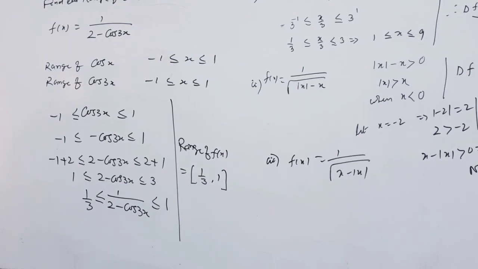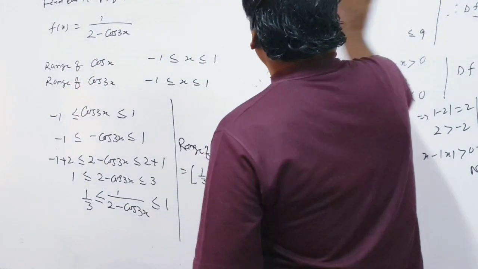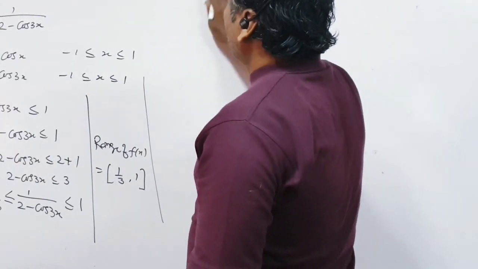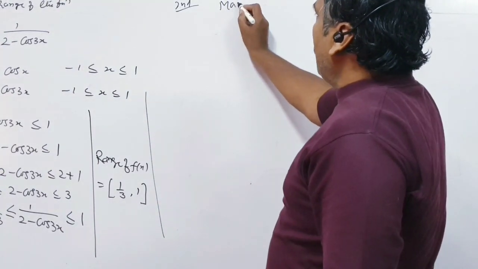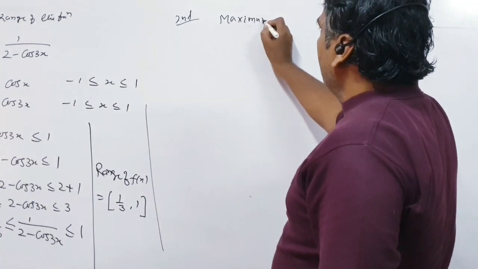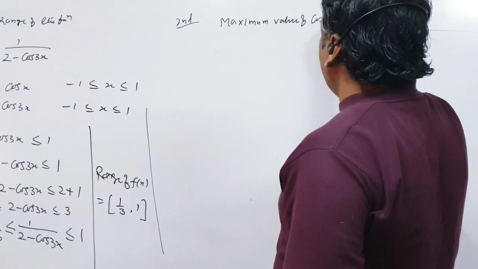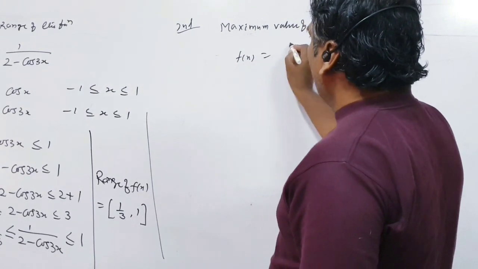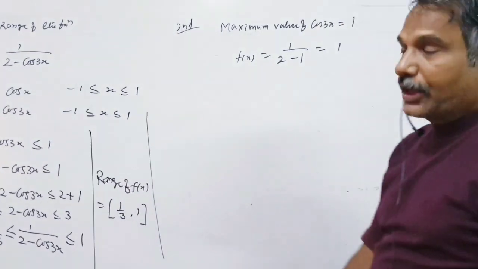In another way, this is one method. The second method is, what is the maximum value of cos 3x? The maximum value of cos 3x is 1. Therefore f of x equals 1 by 2 minus 1, which is 1.